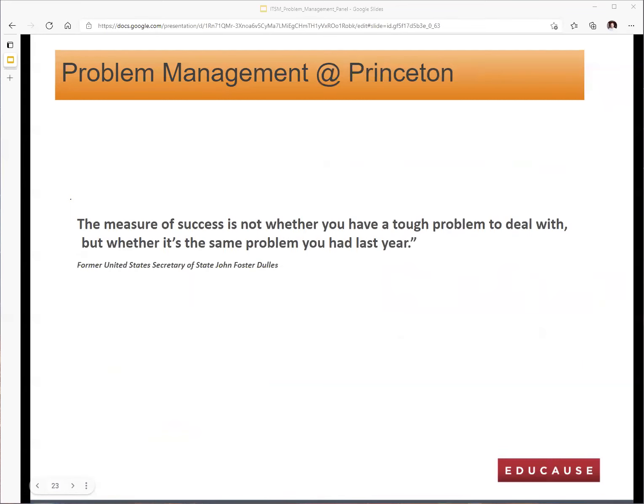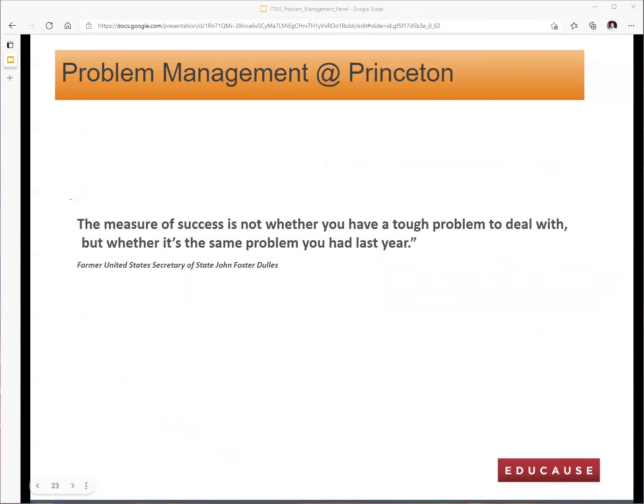Next slide, please. So this is a quote that I really like. It says, "The measure of success is not whether you've had a tough problem to deal with, but whether it's the same problem you had last year." I think that captures a lot of what we're trying to accomplish here.